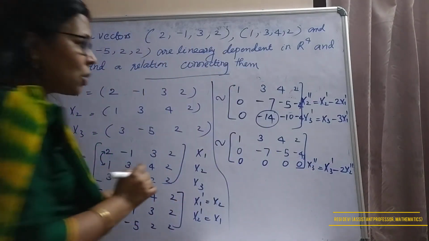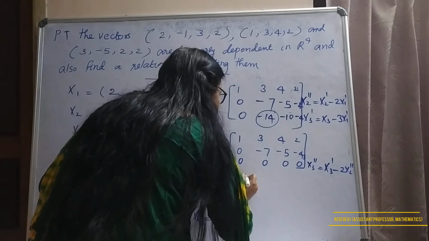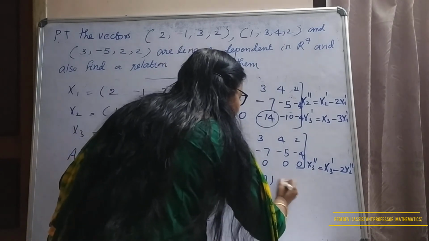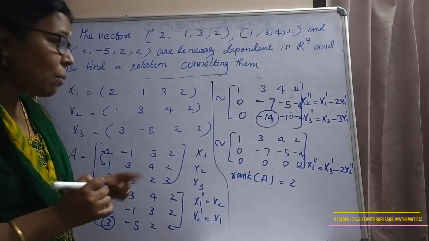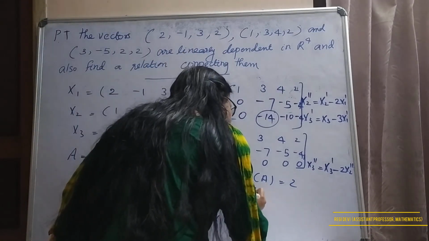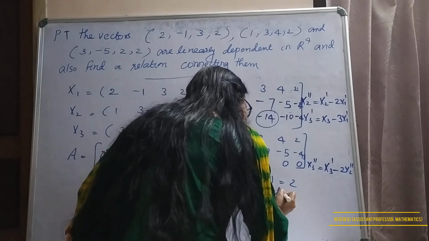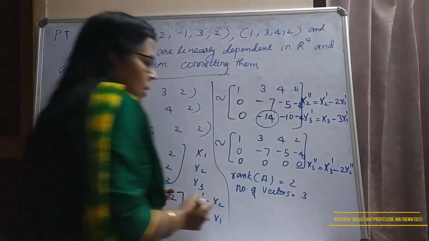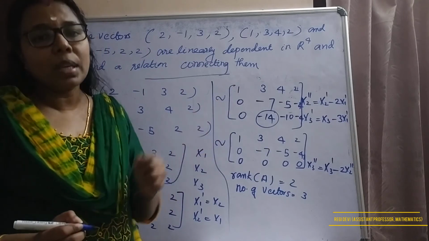Now we have to find the rank of the matrix. Rank of A equal to 2. But the number of vectors is 3. Here rank of A is not equal to the number of vectors.